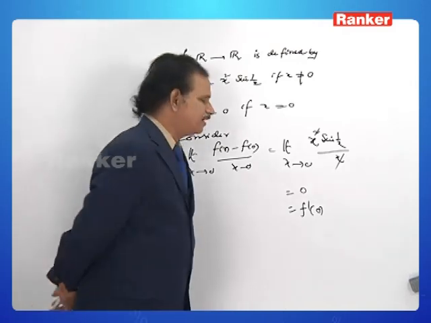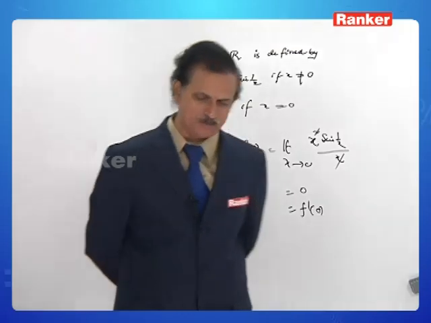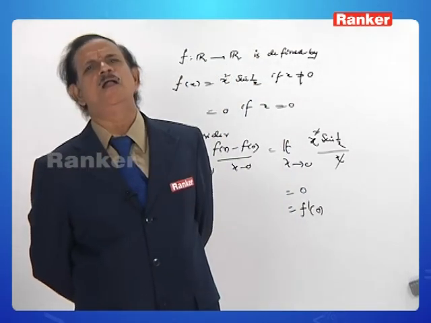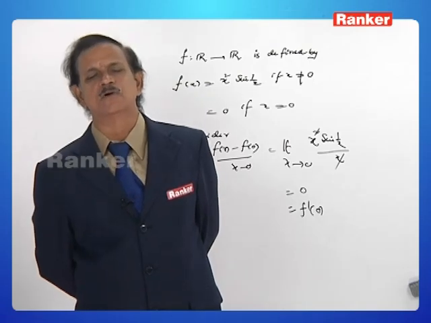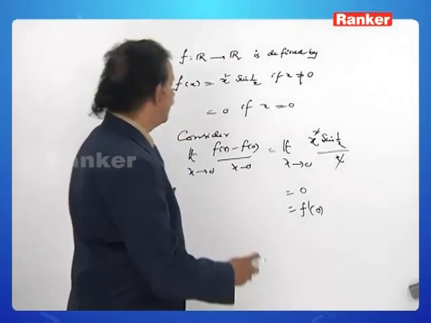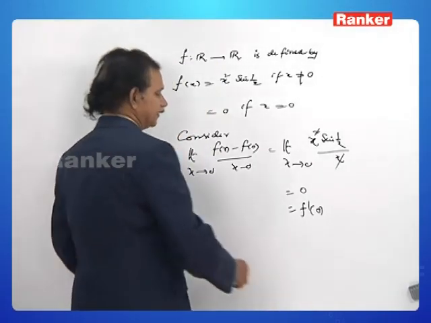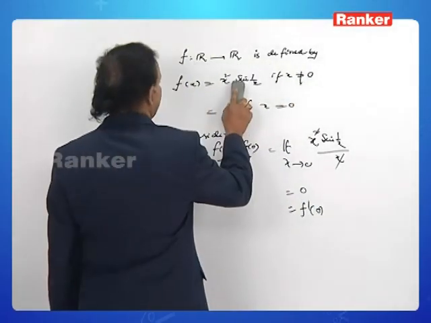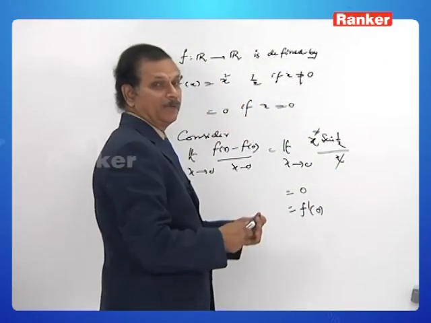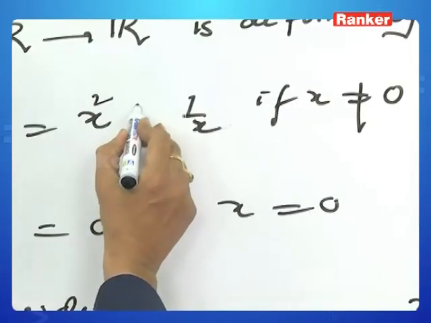Like this, x sine 1 by x is not derivable. x square sine 1 by x, x cube sine 1 by x, x power 4 sine 1 by x, x power 5 sine 1 by x, like that, they're all derivable at x equal to 0 also. Not only that, instead of sine function, somehow you may be given cos 1 by x also.